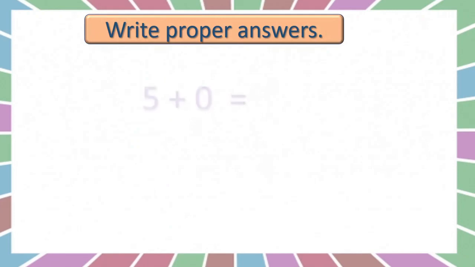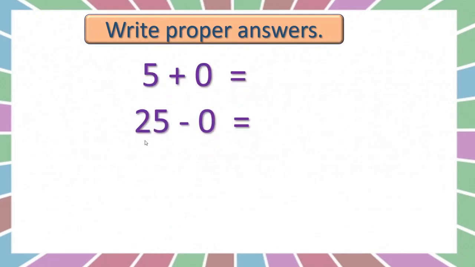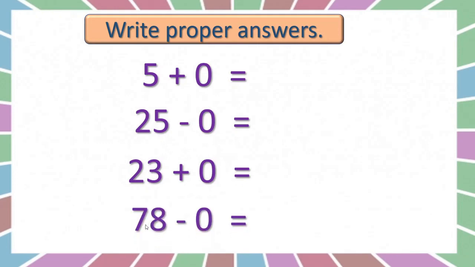Some more are there. 5 plus 0. 25 minus 0. 23 plus 0. 78 minus 0. Okay, let us move to the first one. You see, very simple. 5 plus 0 is 5.